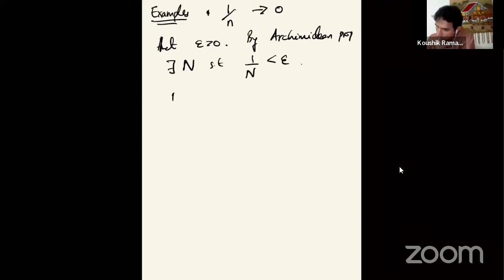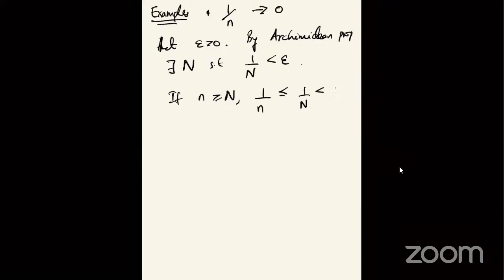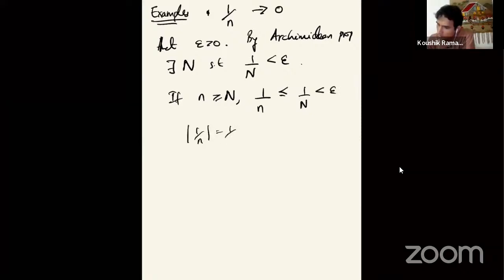But if n is bigger than or equal to capital N, the way the inequality works for real numbers, 1 by n is less than or equal to 1 by capital N, which is less than epsilon. So modulus of 1 by n, which is 1 by n, is less than epsilon for n bigger than or equal to N. So the basic fact that 1 by n goes to 0 just follows from the Archimedean property.